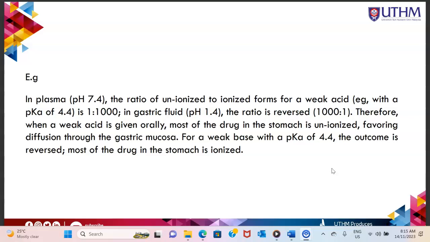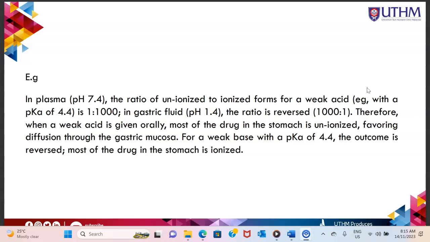And for the second part, which is the weak base with pKa 4.4, the implication is that when a weak base is given orally, it reaches the stomach where the pH is much lower and the majority of the drug remains ionized. So these ionized forms of weak bases are generally less lipid soluble and may have difficulty diffusing through the gastric mucosa.